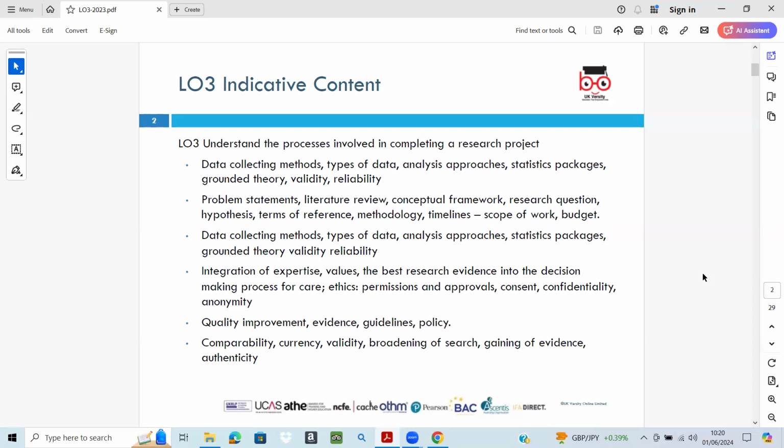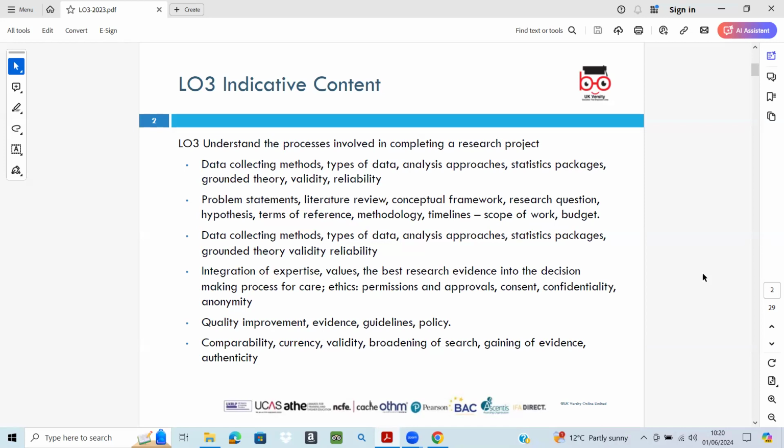Then it's like obtaining necessary permission from institution or ethical boards before starting your research. Then the consent is making sure participants give informed consent, and confidentiality and anonymity is protecting the participant identities and personal information.